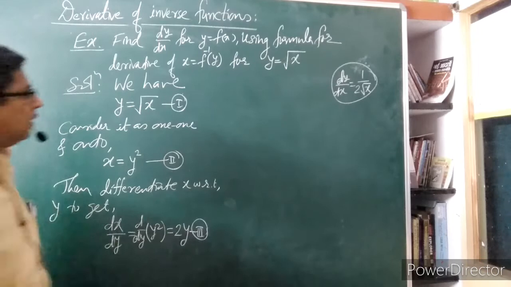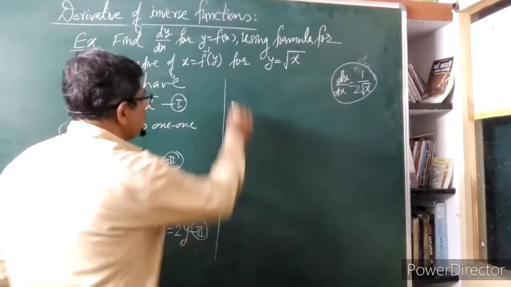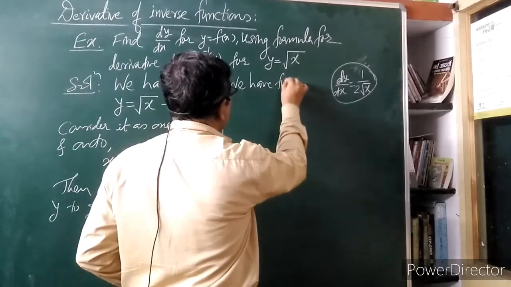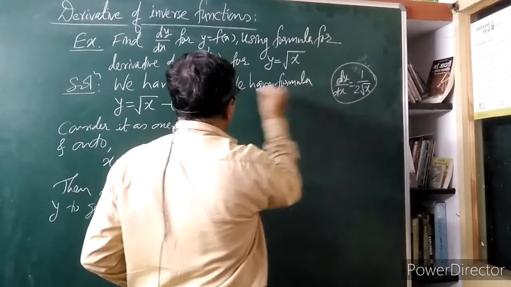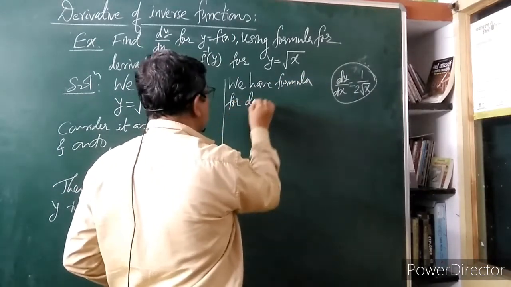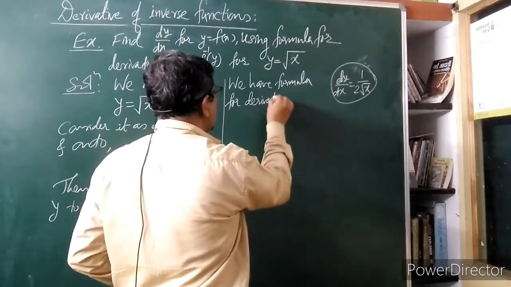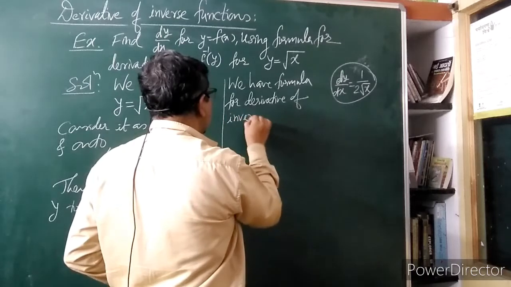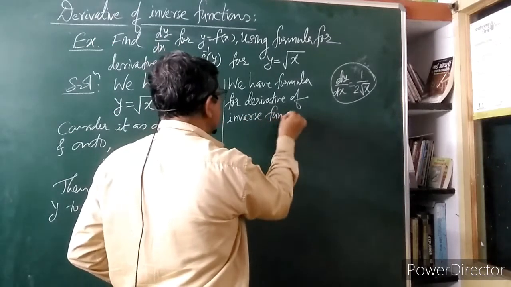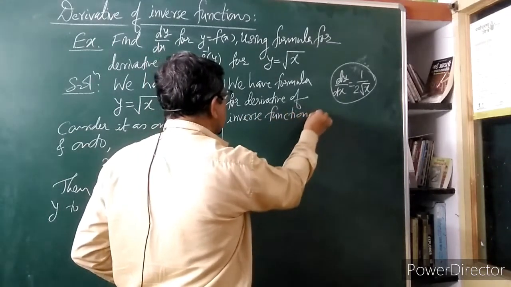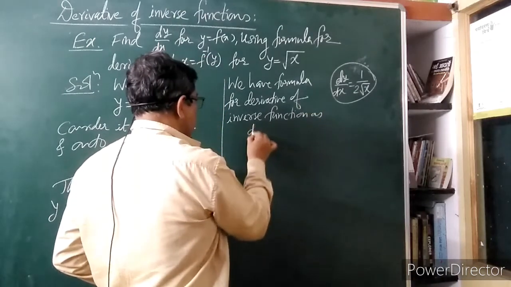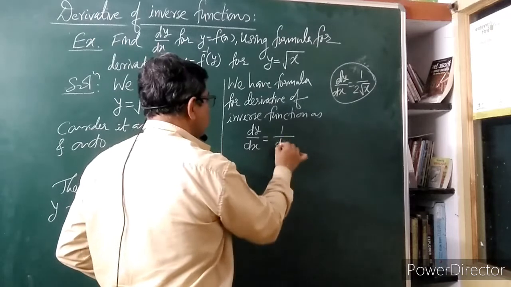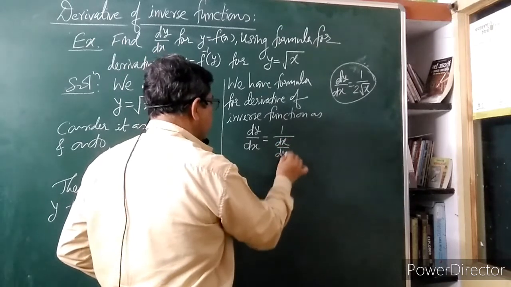Okay, now we have the formula for derivative of inverse function as dy by dx can be written as 1 upon dx by dy.